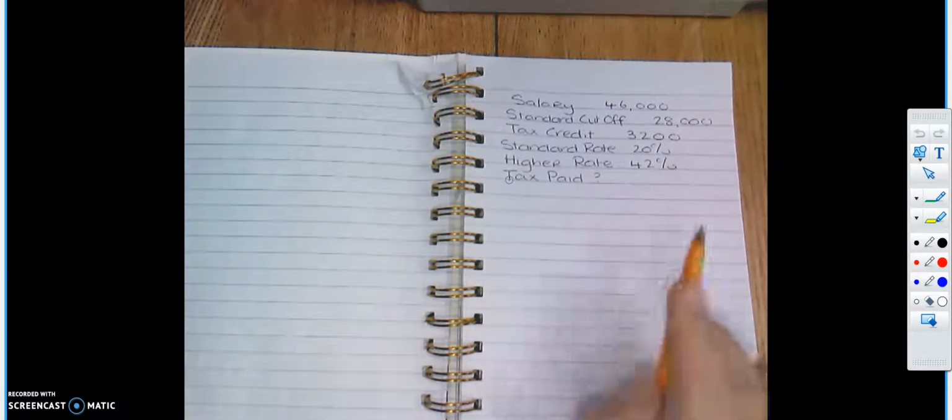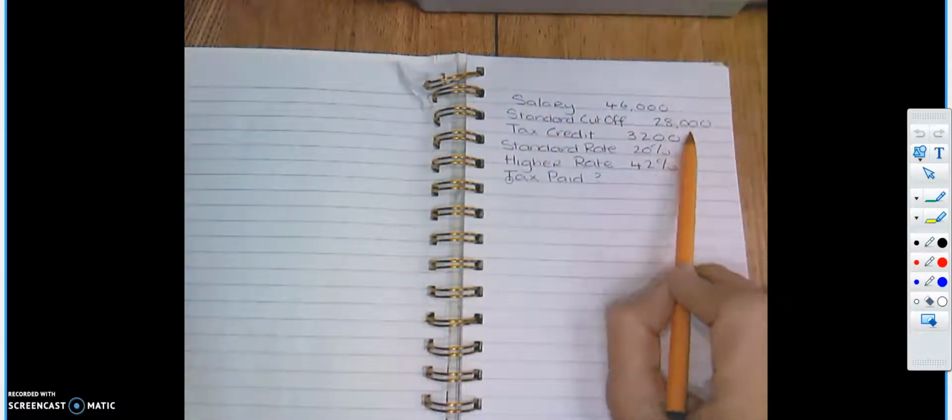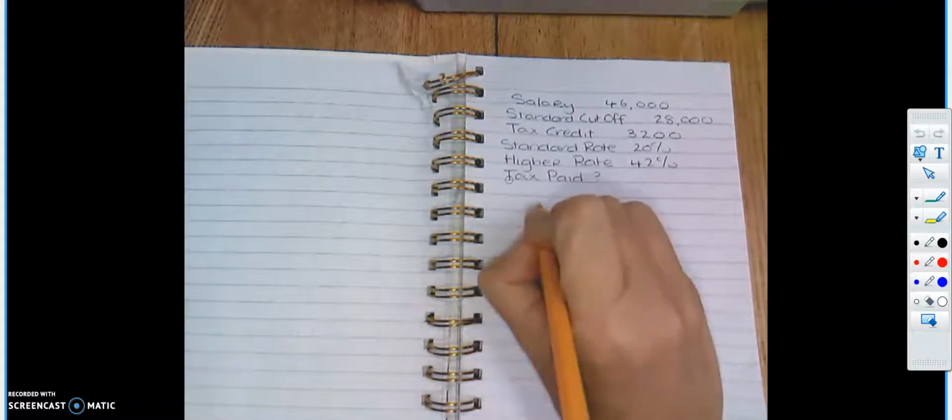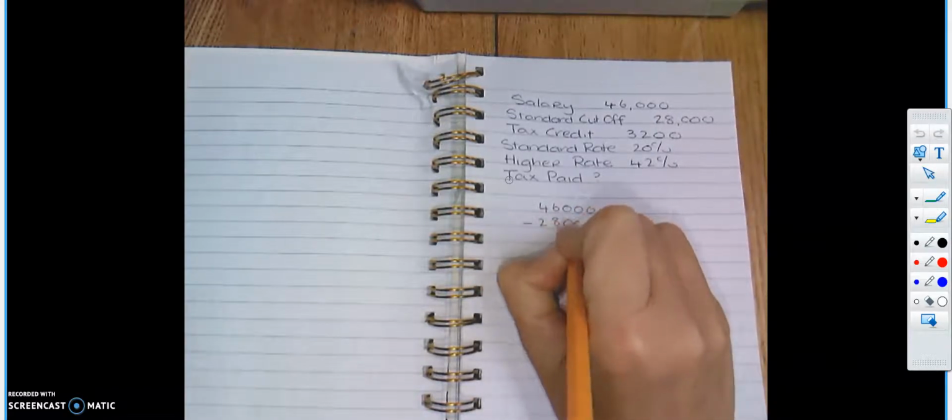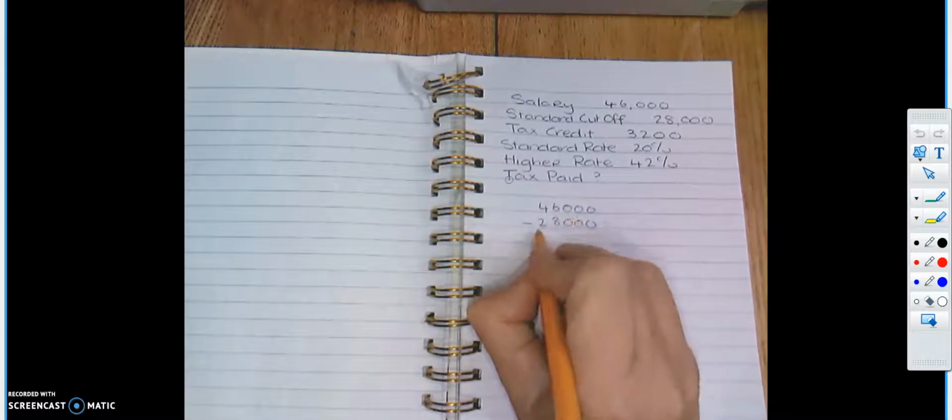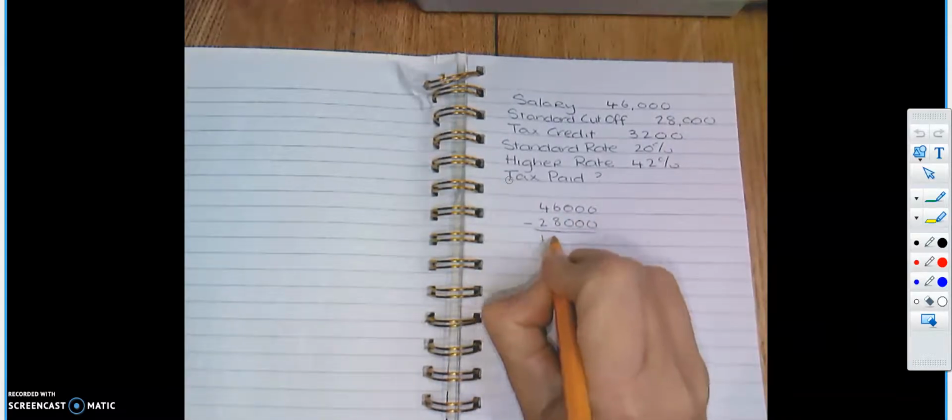So again, the steps. Our salary is above the standard cutoff rate, so we subtract the standard cutoff rate from our salary. So we go 46,000 take away 28,000. And when we do that, we get 18,000.